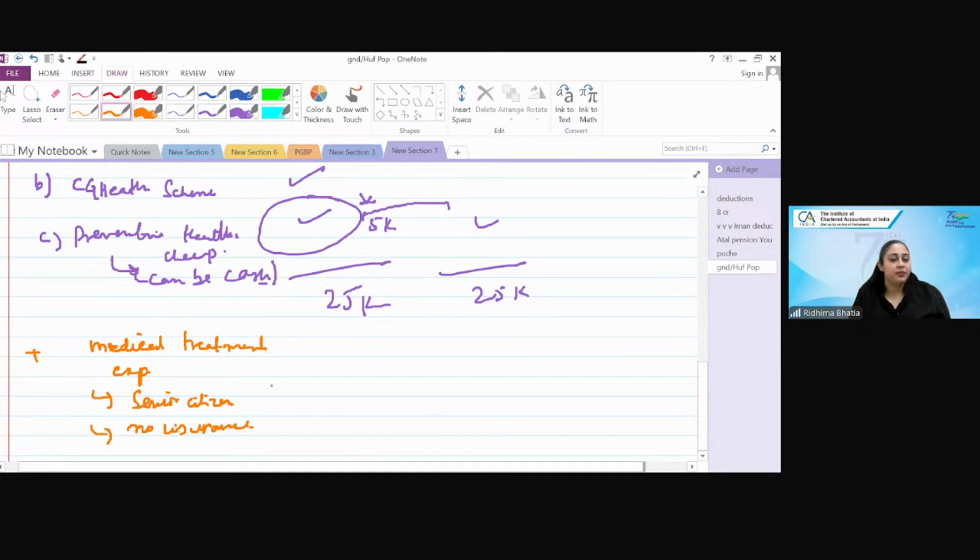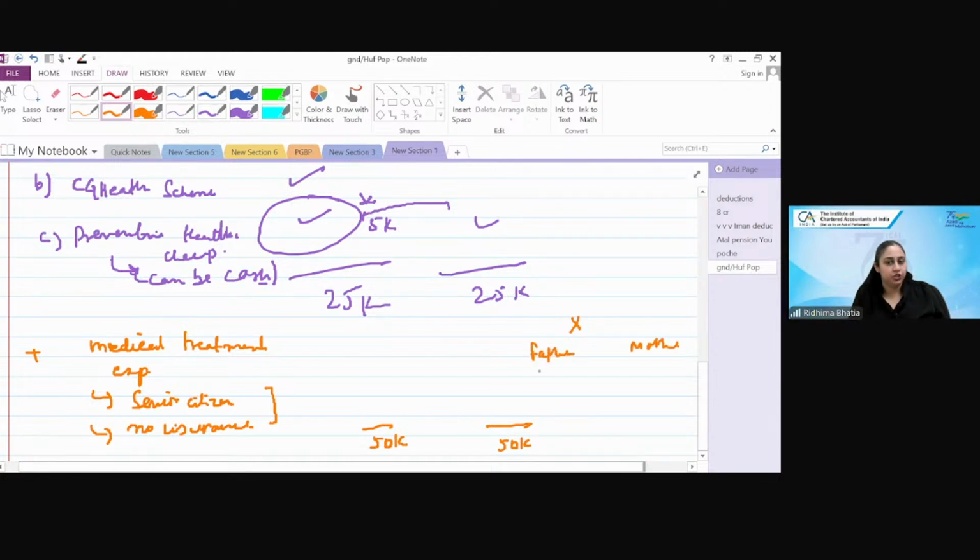So obviously अगर मैं senior citizen को ही मिलता है यानी ये तब मिलेगा जब 50K वाली लिमिट अप्लाई हो रही है, right? And the senior citizen has no insurance. Now suppose X has father and mother. Okay.